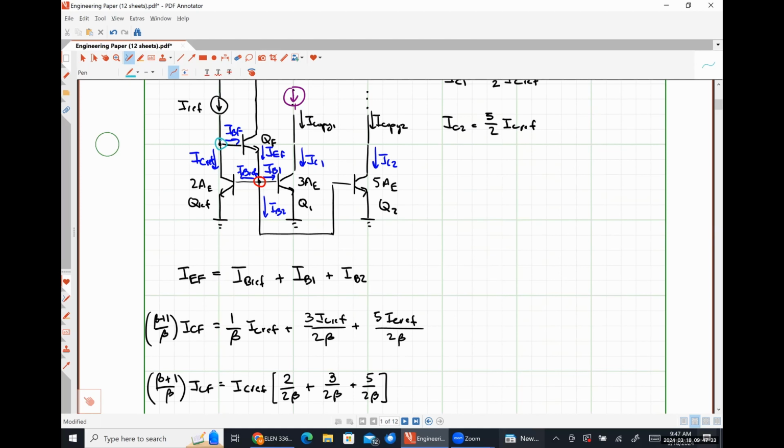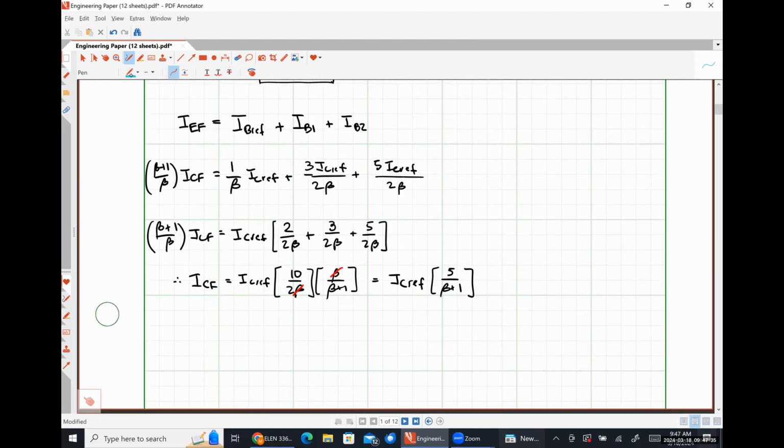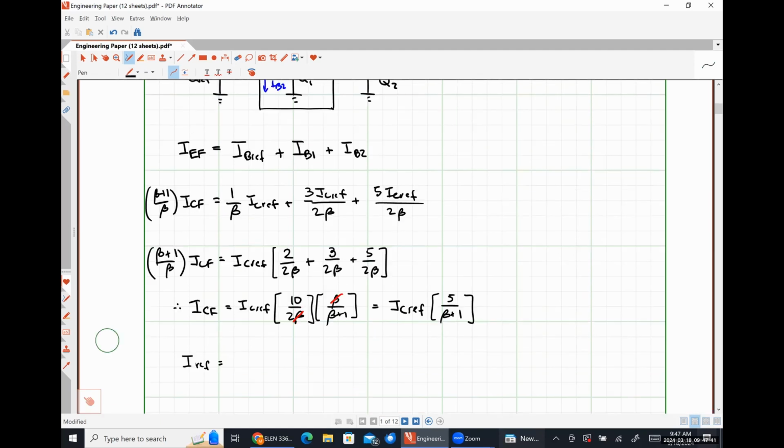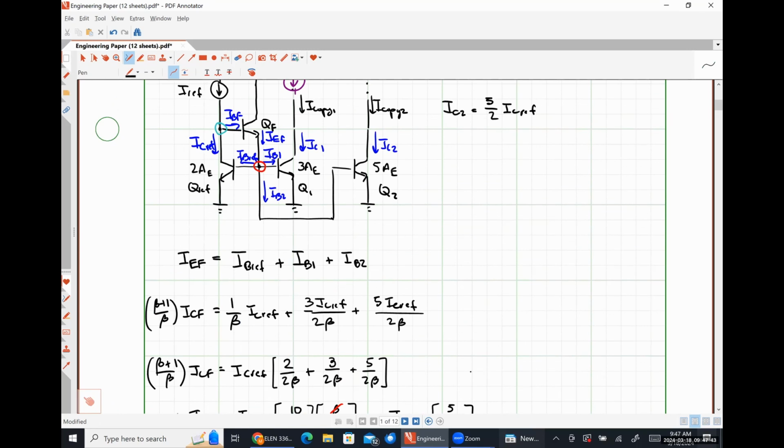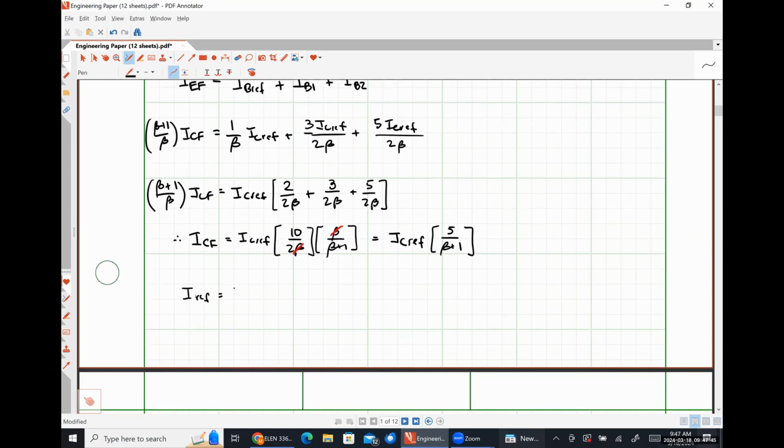We have a current of IREF flowing in, and that is going to have to equal ICREF plus IBF.